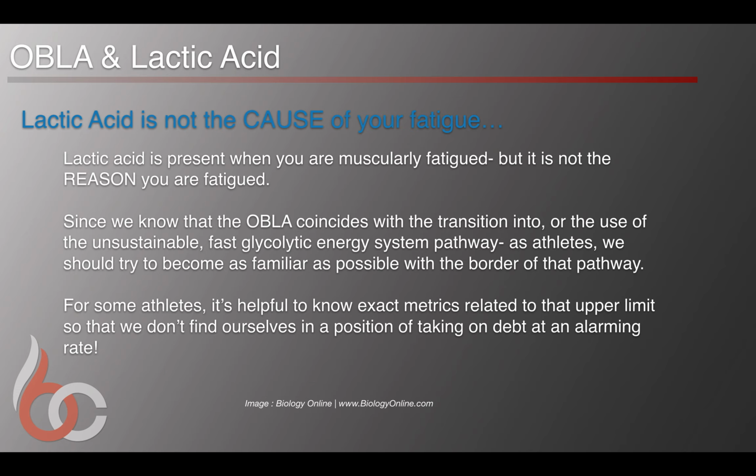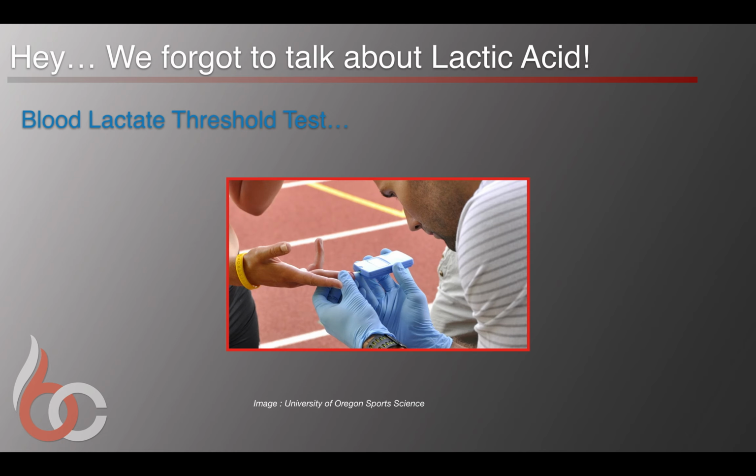That is our tipping point. And if we know where that tipping point is, whether we connect that to heart rate or power output or just understanding it by feel in terms of our aerobic versus anaerobic efforts, we can budget energy really, really well. And if we can budget energy really, really well, we can perform really, really well.